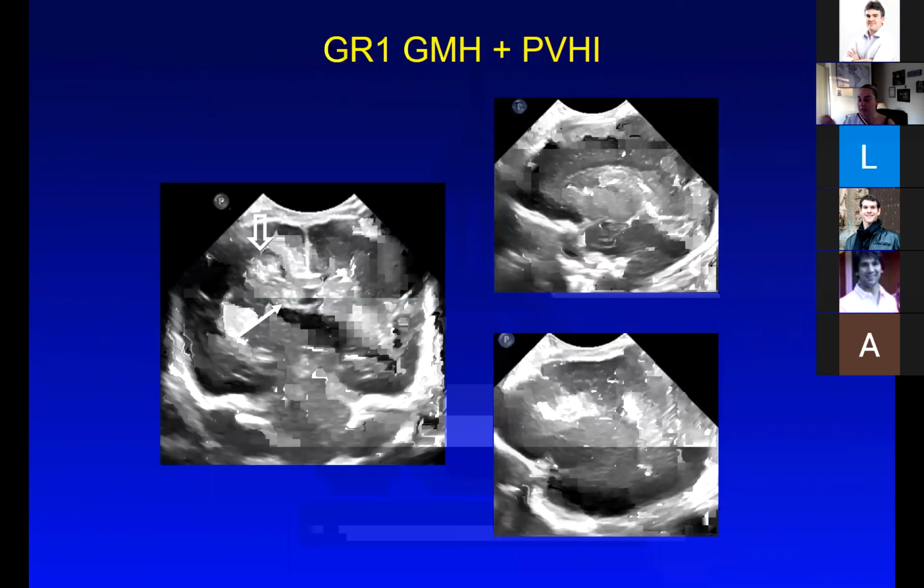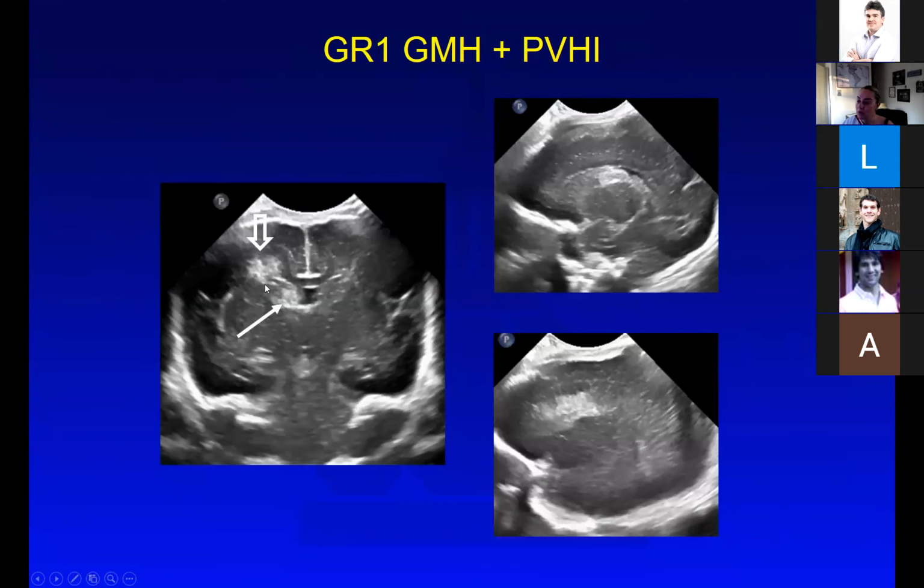Germinal matrix hemorrhage spectrum is not necessarily a continuum. For a patient to develop a periventricular hemorrhagic infarction, they don't have to have IVH, and they don't have to have hydrocephalus. And this is a great example of it. You do see the germinal matrix hemorrhage and the small focal area of periventricular hemorrhagic infarction.